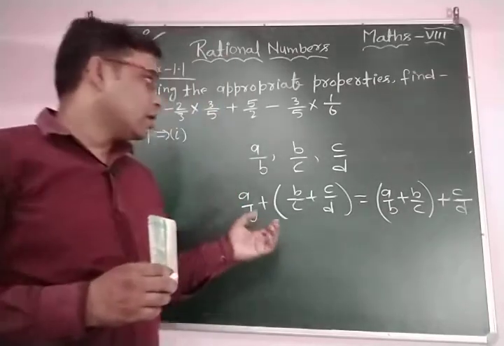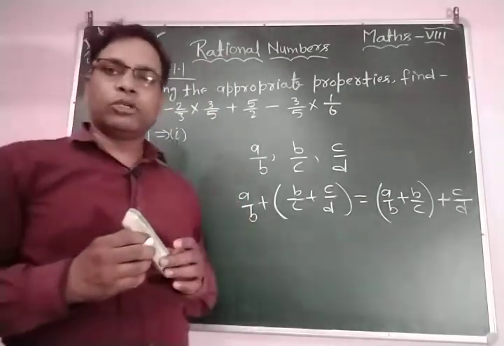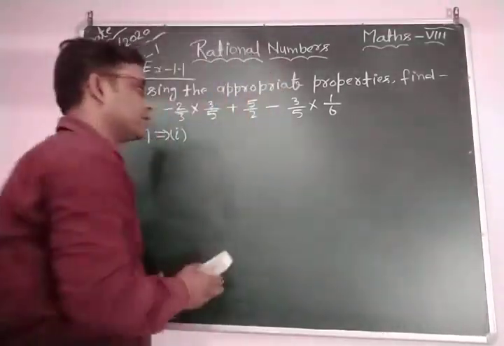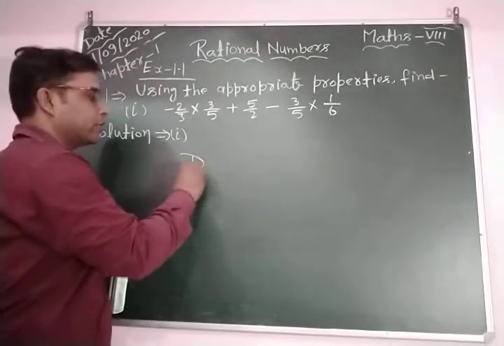Now next is the distributive property of rational numbers. This is a very important property.